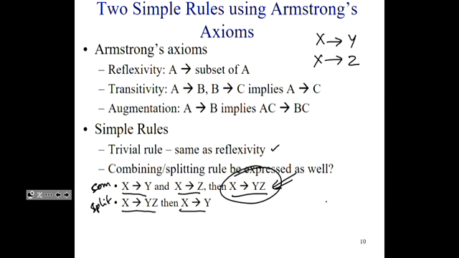It doesn't look like we can apply transitivity, because these two rules don't share a left-hand side and right-hand side combination. For us to apply transitivity, one rule's left-hand side should be the same as another rule's right-hand side. We can't apply reflexivity either, because all of the rules already have just one attribute on the left-hand side. So we have to apply augmentation in some way. What way should we apply augmentation?